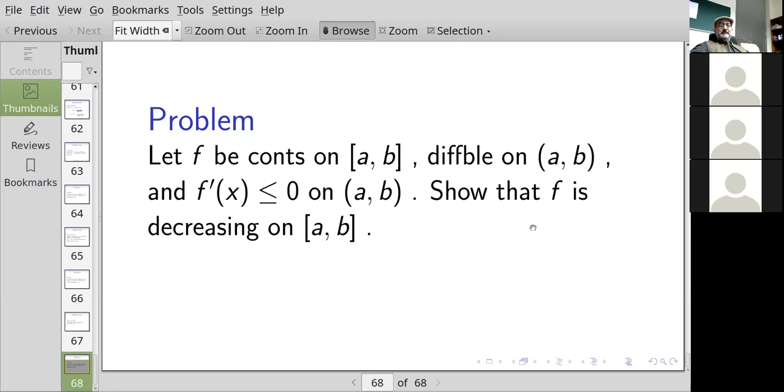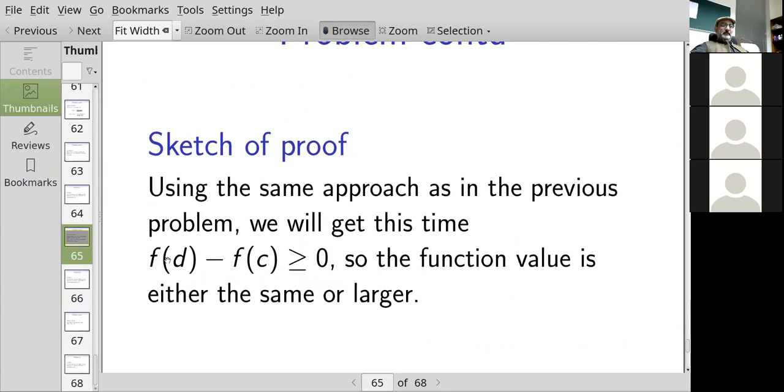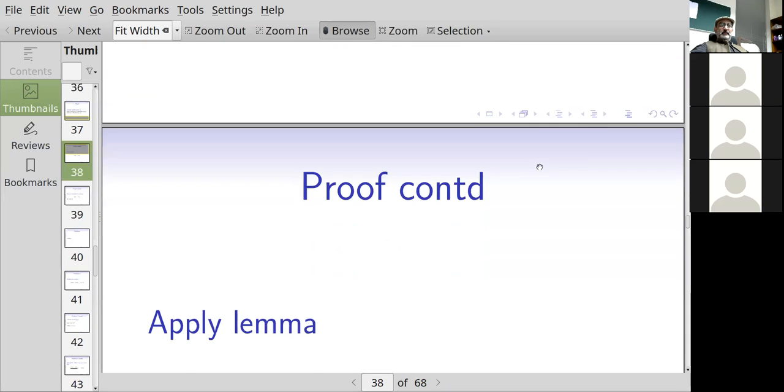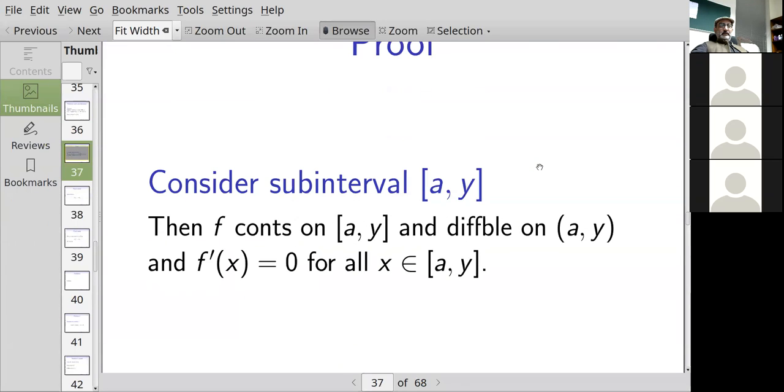Sir, can you move to slide 38? I need to confirm one thing. One before it, sir. So, sir, we would write that f is continuous on [a, b] and differentiable on the open interval.